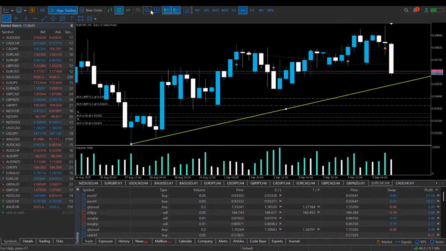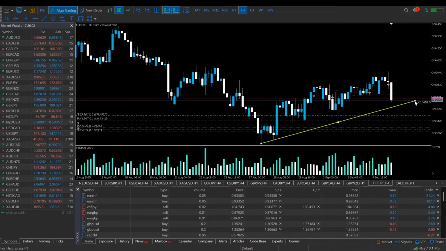So looking at this channel here, and I'm waiting for price to come back. There's a chance that it's gonna take this trend line out, yet it could also go lower and react to this low here. So in that sense, I am looking for a bounce off from there.